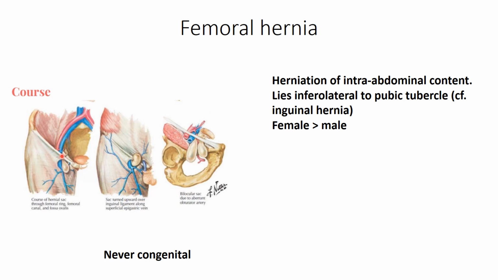And the course of the femoral hernia is that it passes initially inferiorly, then it presses on the cribriform fascia, but as the membranous fascia is attached inferiorly here, adherent to this inferior margin, this hernia sac proceeds superiorly towards the inferior epigastric vessels or the circumflex vessels.